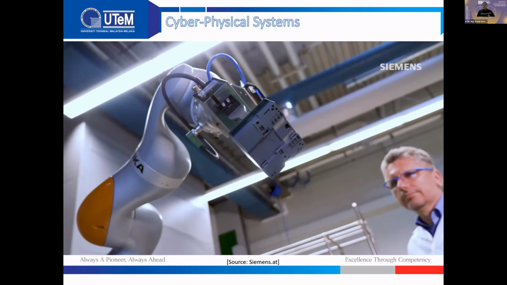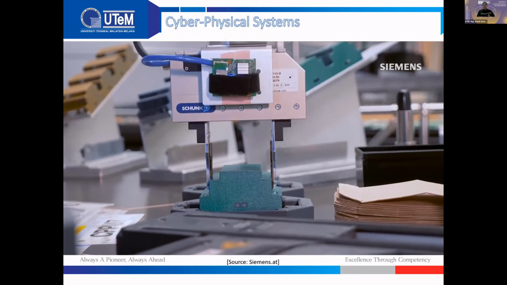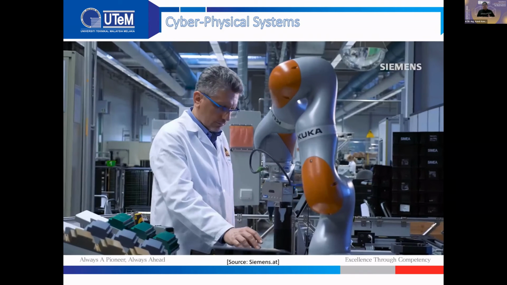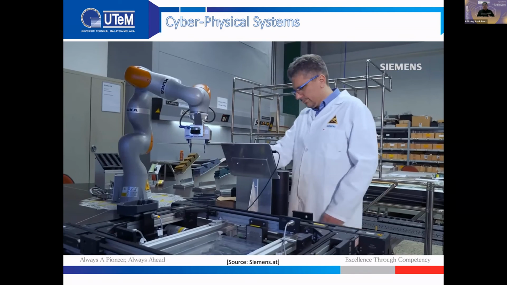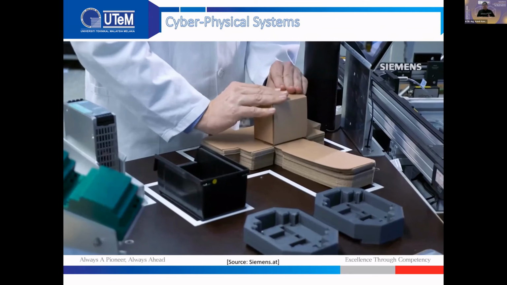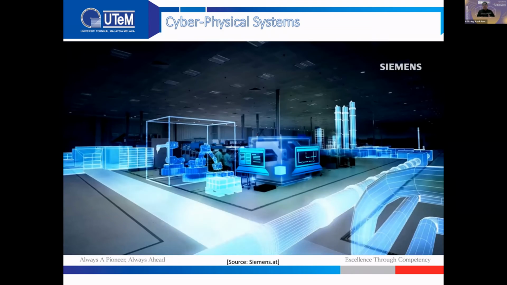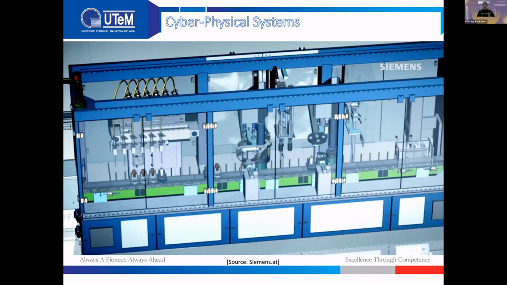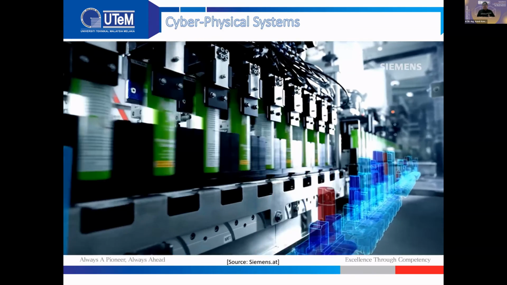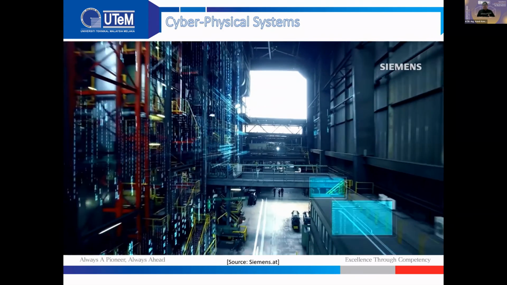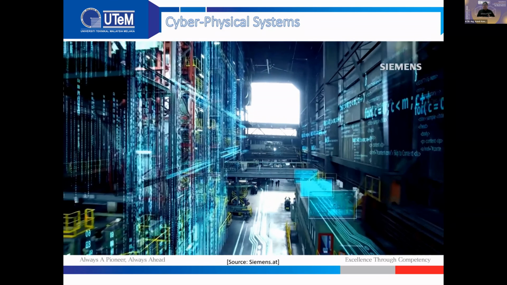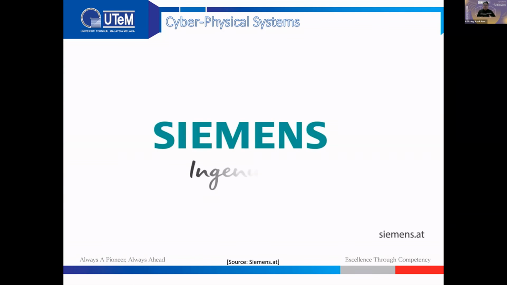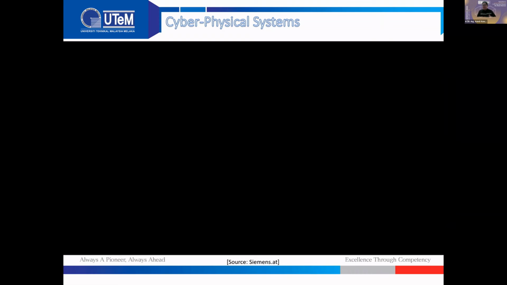This optimizes the production process and increases the quality of the product. Safety requirements are also developed to ensure that people and machines can work together safely. In the future, cyber physical production systems will better meet customer needs and manufacture products in a faster, more individualized, and more efficient manner. Siemens, ingenuity for life.